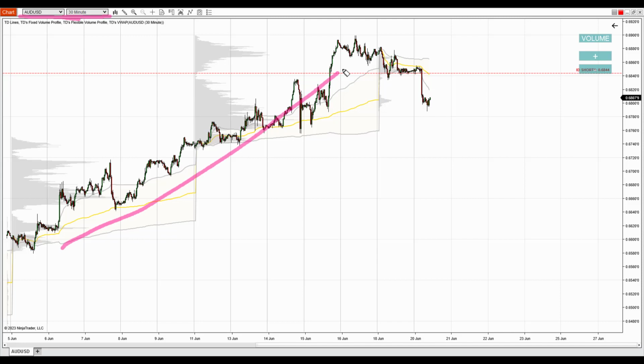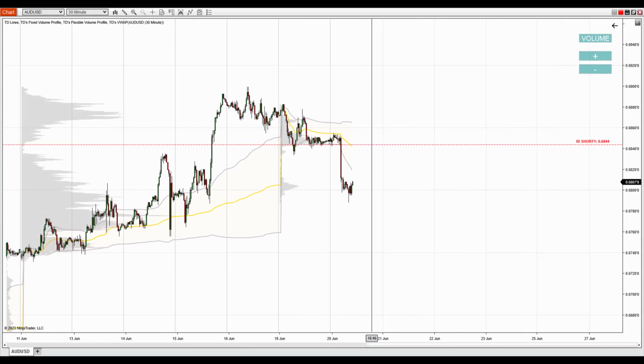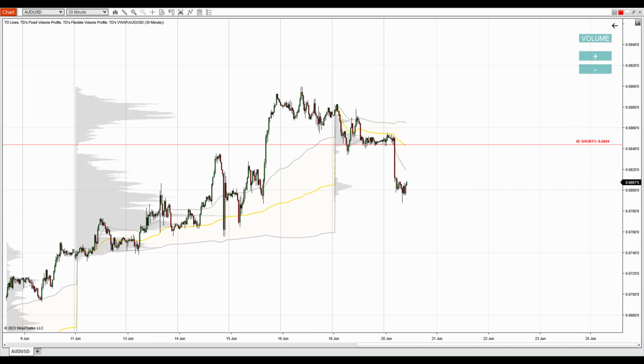Recently, there was a strong uptrend. And that would mean that I would be willing to trade only long trades on the Australian dollar because of that uptrend, all right? But what happened next after this uptrend were several things.